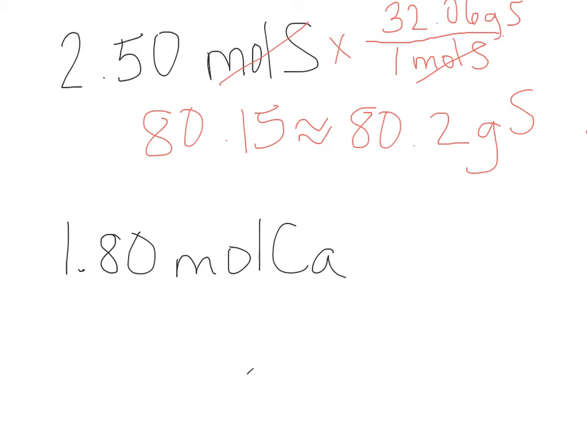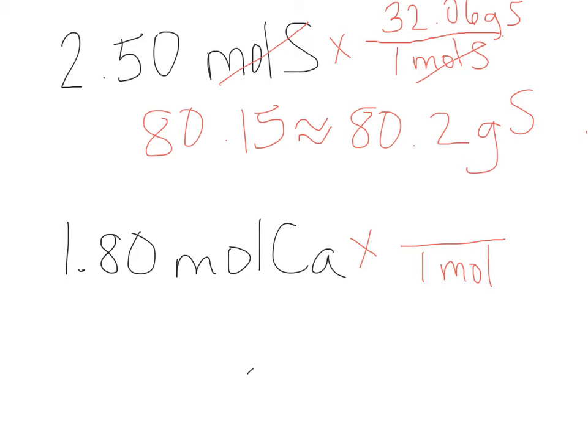The next problem, 1.8 moles of calcium. Again, you've got to create your conversion factor here. Since you are given units of moles, 1 mole goes on the bottom. So in these conversion factors, 1 mole is either going to be on the bottom or on the top. If you're converting to moles, it goes on the top.